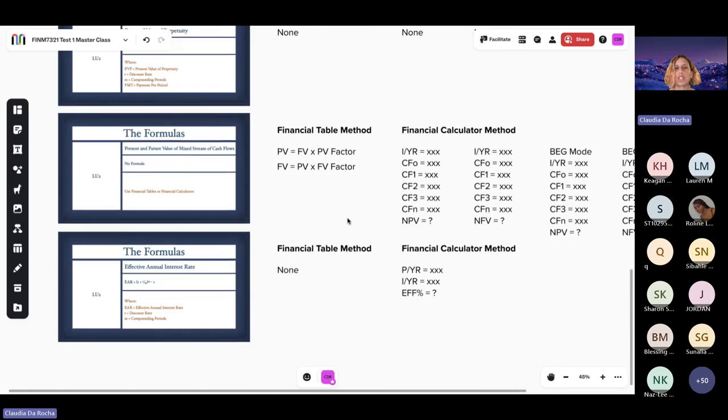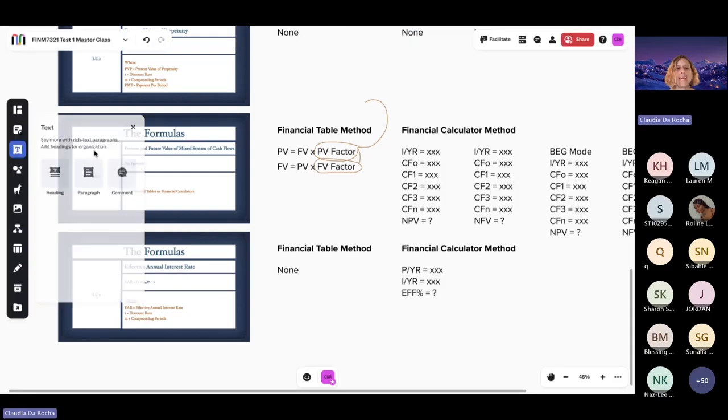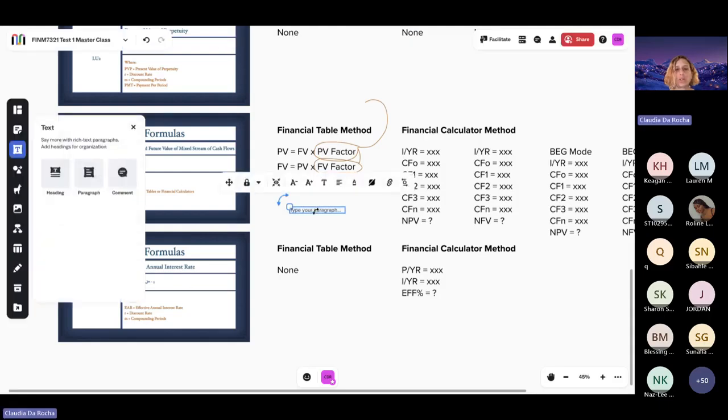Then with your mixed stream of cash flows, we use the financial table method or the financial calculator method. With your financial table method, the present value factor and the future value factor, all the factors that we're using, are for a single amount.